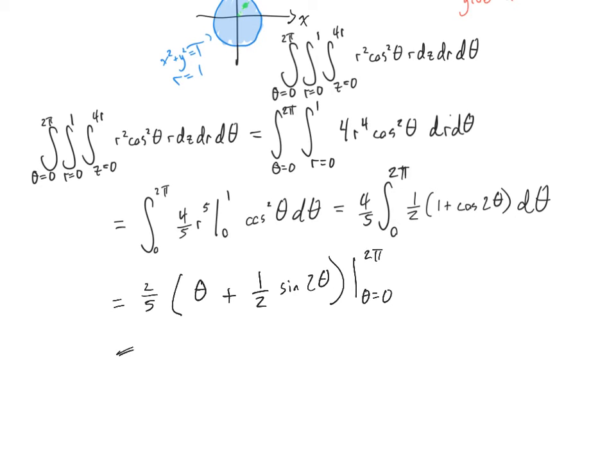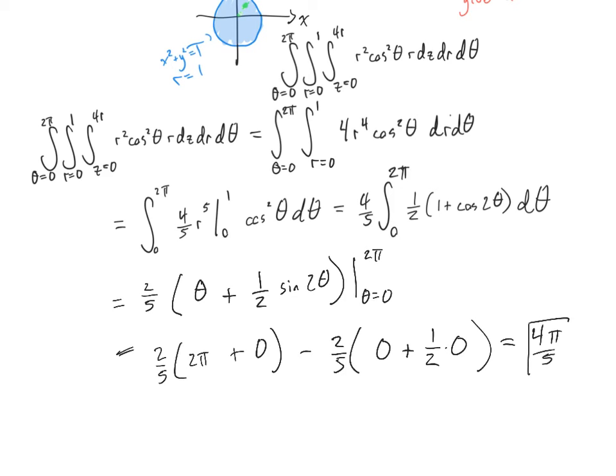So my final answer for the volume of this region looks like 2/5 times 2 pi plus 1/2 sine of 4 pi, that's 0, minus 2/5 times 0 plus 1/2 sine of 0, which is also 0. So I just get 4 pi over 5, and I'm done.